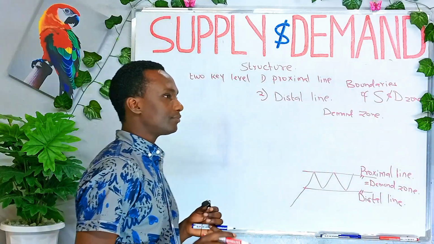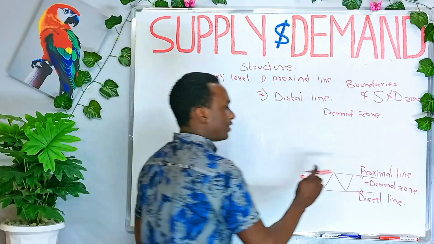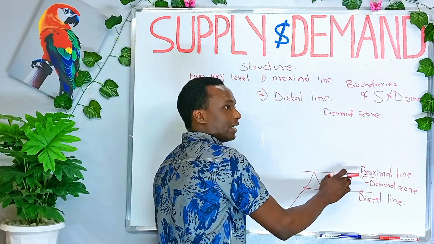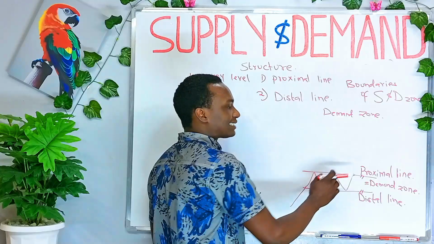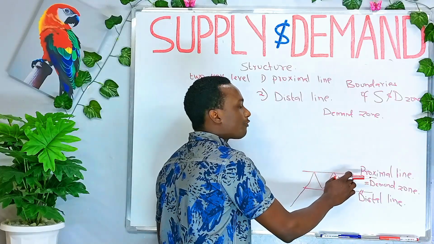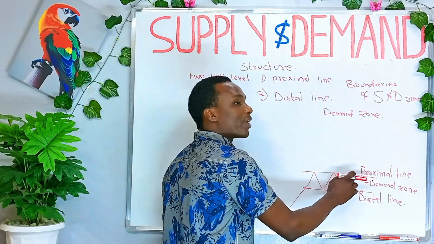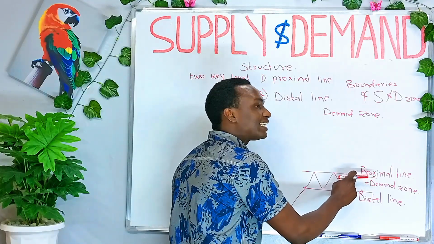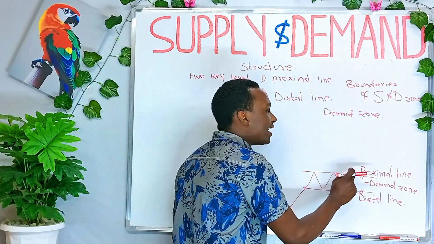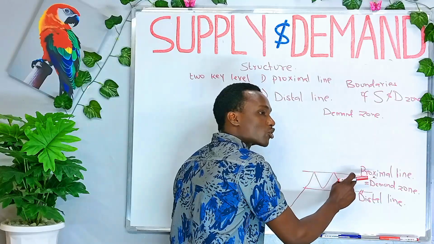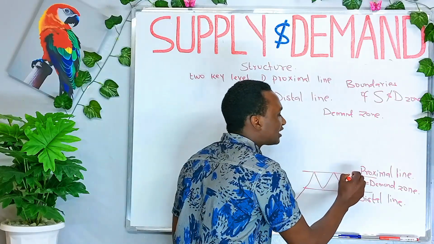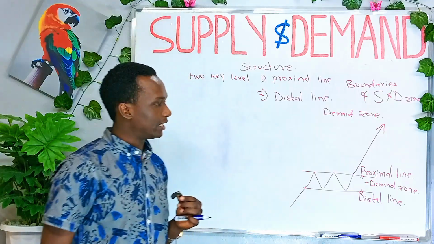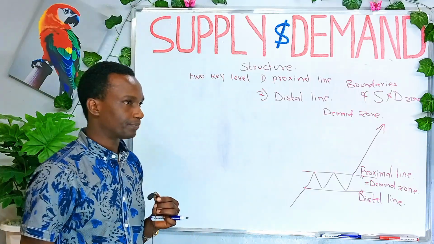Okay, good. So this proximal line is placed at the top of the body or the wick of this basing structure, representing the closing level where the buyers will take control and initiate a very strong move up. Is that clear? Good.